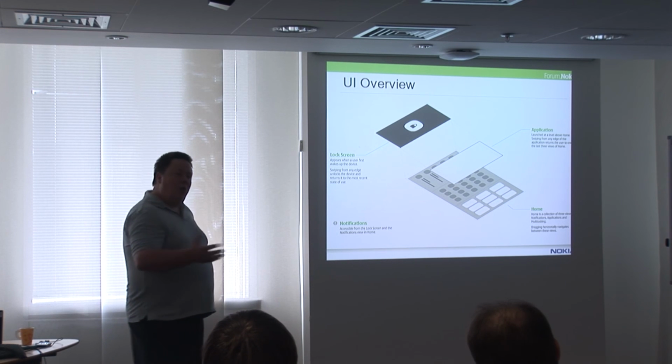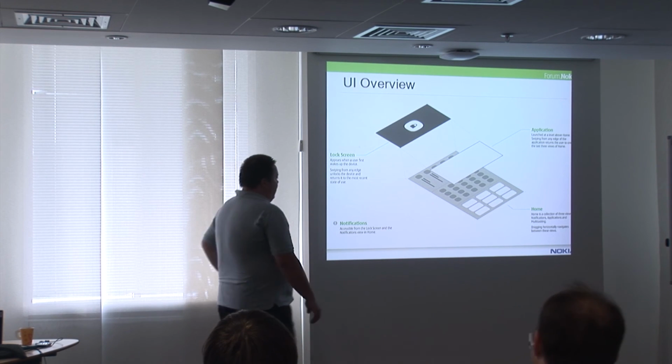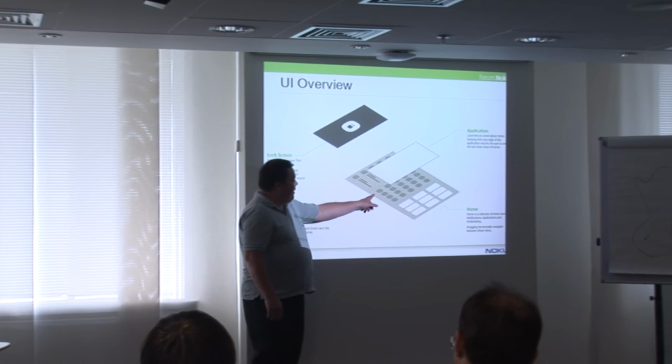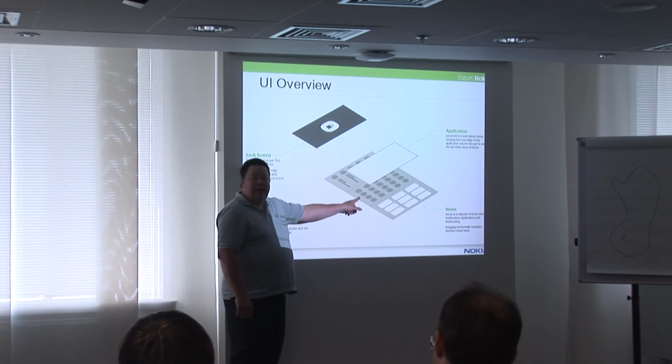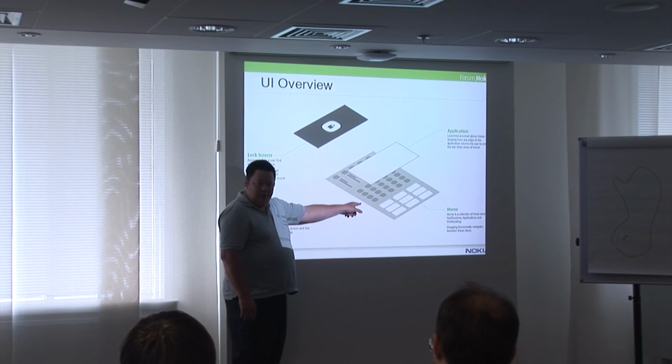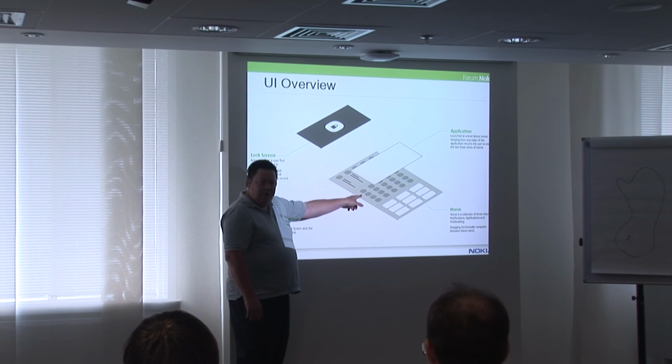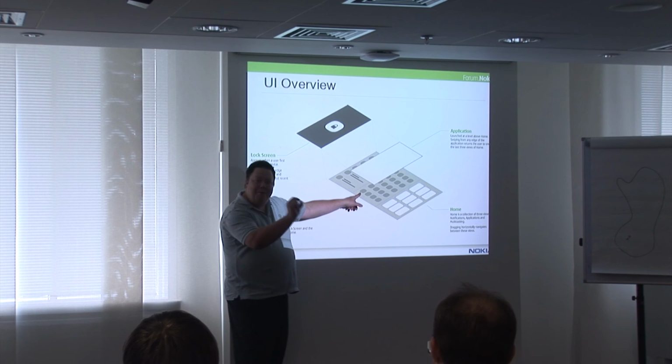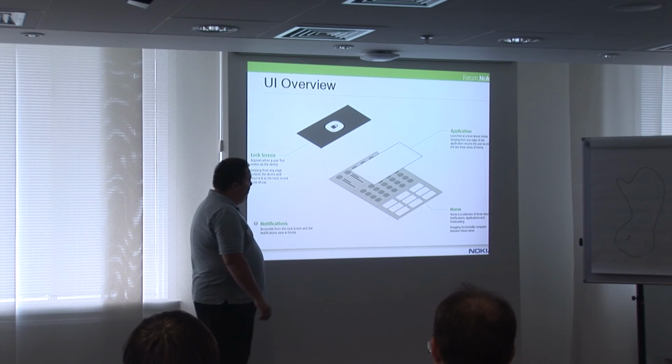When the user installs new applications, they will be appended into the end of this launcher. Uninstalling is straightforward. You just long press. And then there is a dialog asking whether you want to uninstall this program. Yes, there is also an application manager in the settings which can be used to do the same thing.